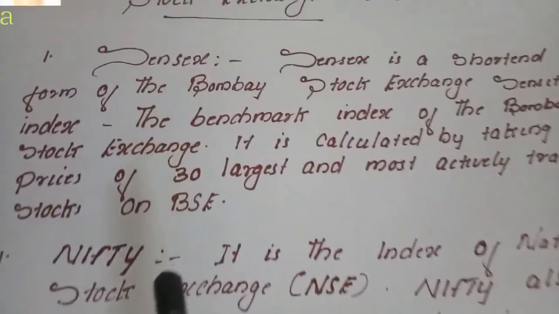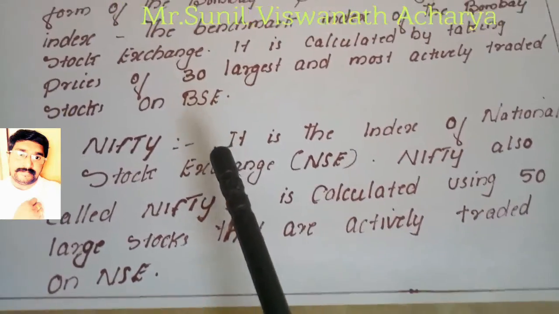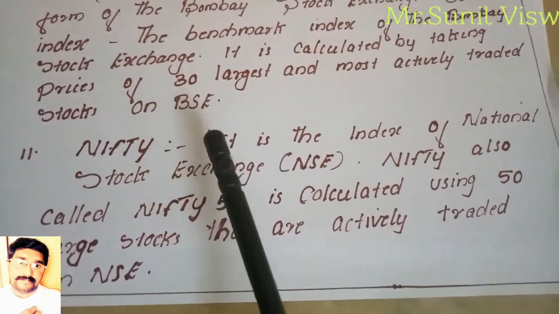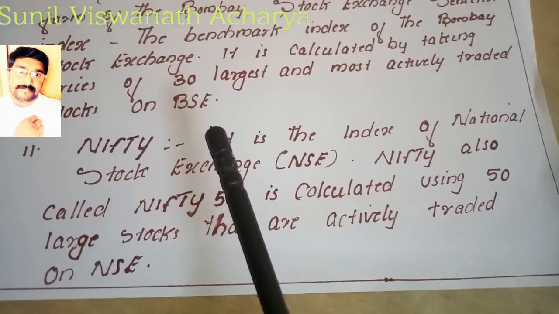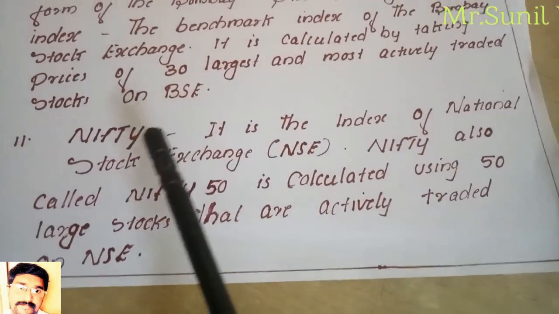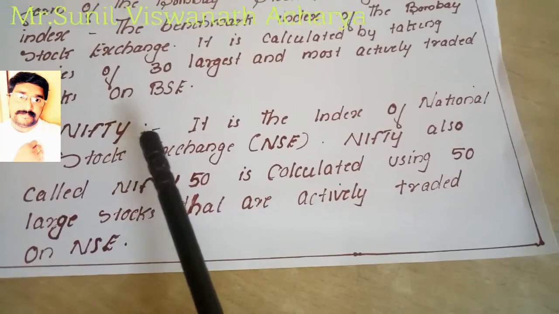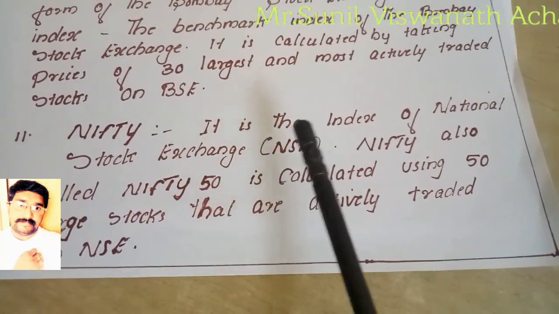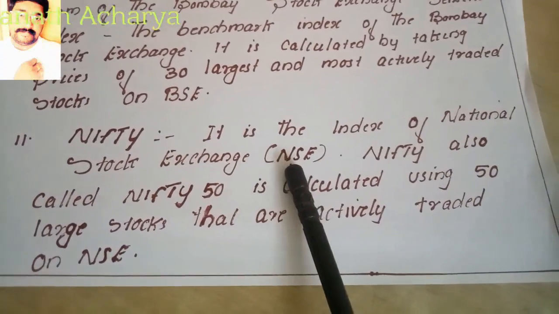Now, you have also heard about Nifty, right? Nifty is also known as Nifty 50. Normally we say National 50, and it is related to the National Stock Exchange. So National 50, in short form, is Nifty. It is the index of the National Stock Exchange.